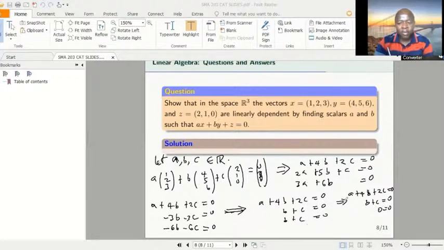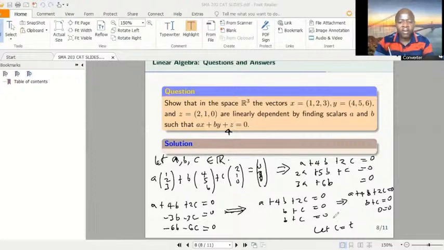And it's in this type of question that we let the free variable be t. So here the leading variable in the first equation is a, the leading variable in the second equation is b, and c is not a leading variable, so it's a free variable. In most cases, we normally say that the free variable is any constant. But the good thing in this question is that the constant has been given to us as 1.